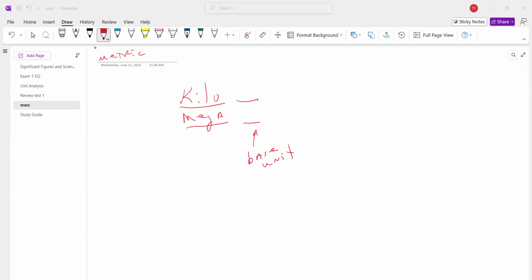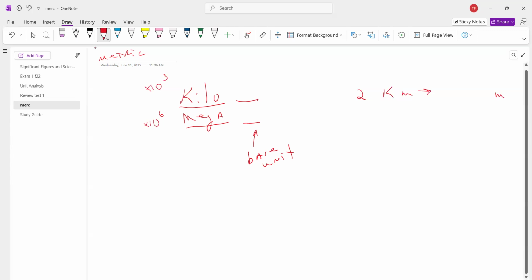So if we have 2 kilometers, how many meters is that? 2,000 meters.